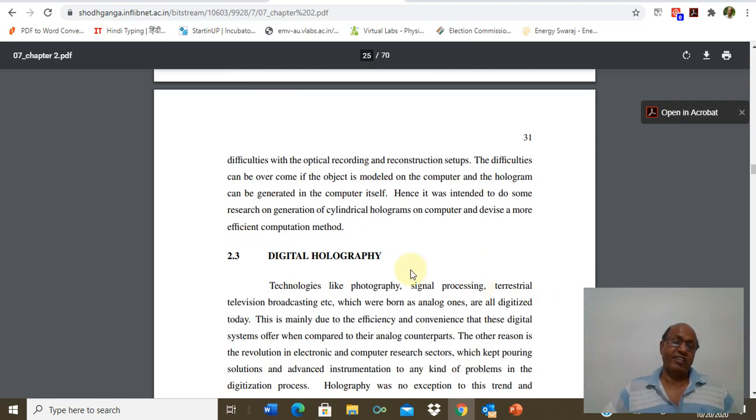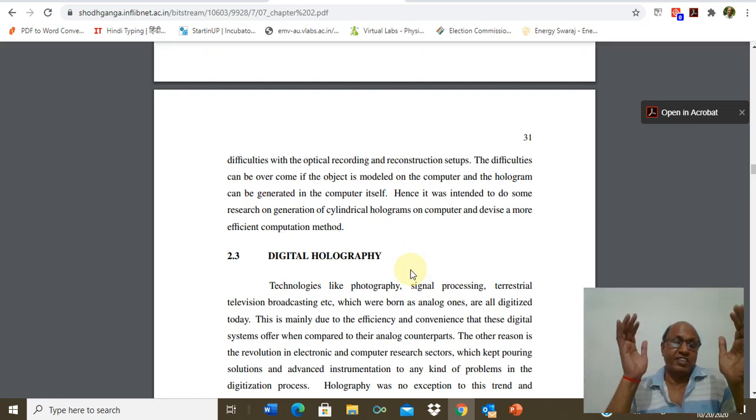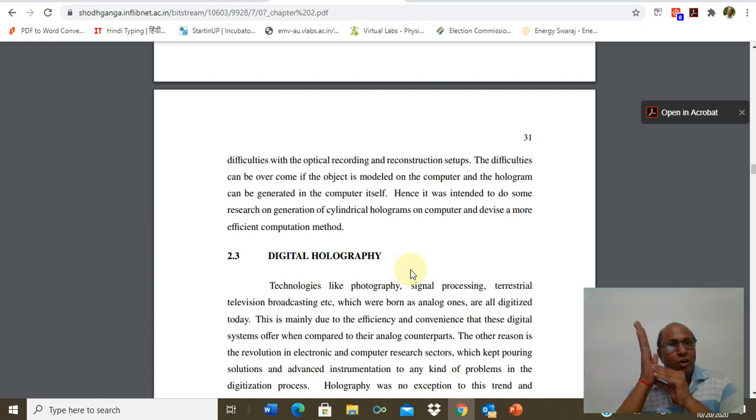Then as far as classification by technology is concerned, you have two types of technologies. One is based upon the optical geometry, where the recording is done on a recording plate which is a material and a chemical, and the material is photosensitive depending upon the wavelength you are using. But another technology is now becoming very popular, and that is digital holography, in which you use the technologies of digital photography and signal processing, right?